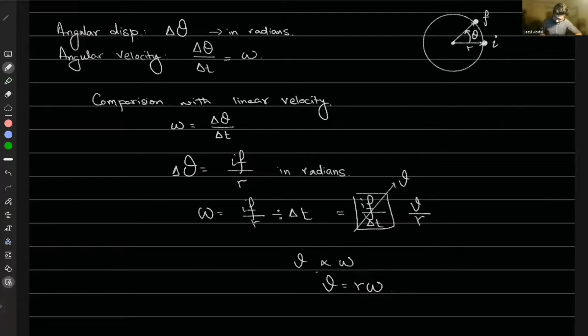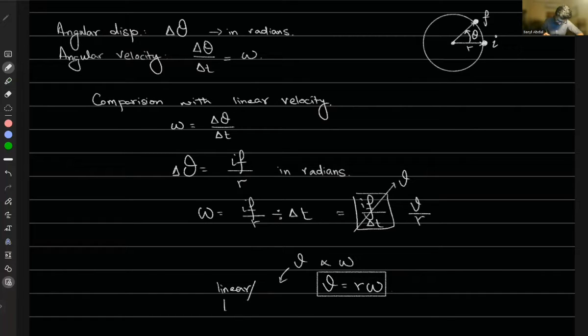So this gives us a very useful expression that will be very helpful while we are doing some of the calculations. This means that if I have a body that is moving in a circle, and I have its angular velocity, then at every point I can also compute its tangential or linear velocity, which is this v. So this v is given a name. Sometimes it's known as the linear velocity.